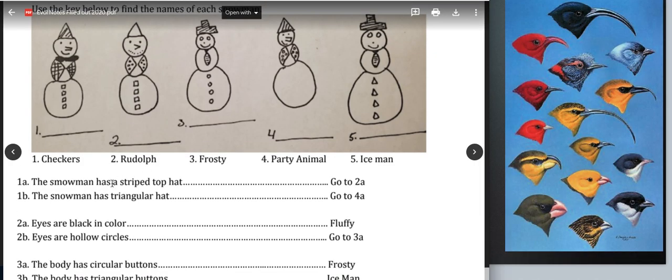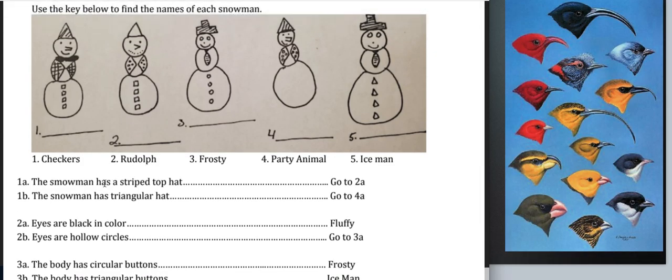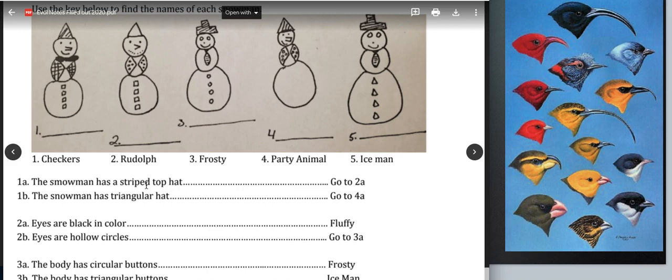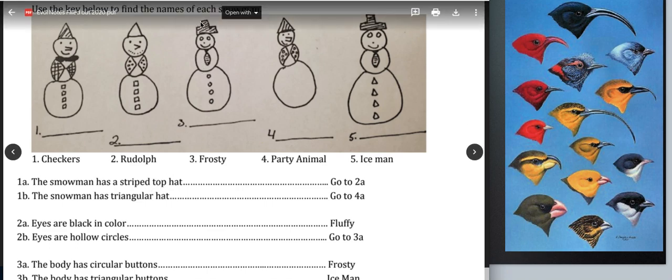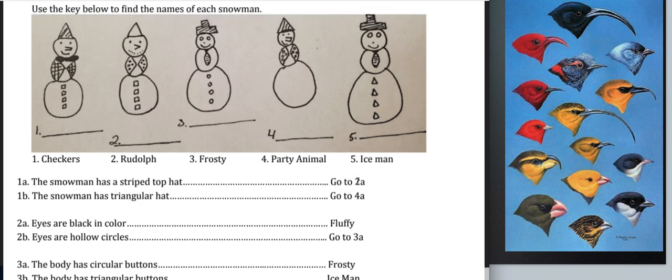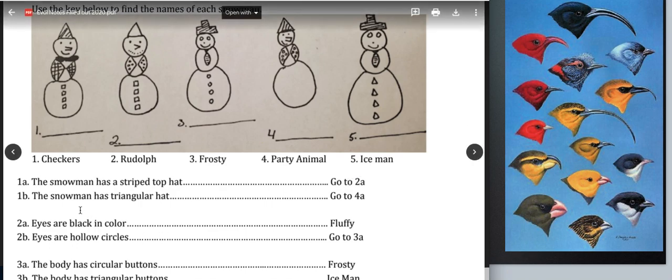Number 3, start back at question number 1 each time. Does this snowman have a striped top hat or a triangular hat? Well, that is definitely not a triangular hat. So this must be a striped top hat. So striped top hat, I'm going to do what the key tells me. Go to 2A. Are his eyes black in color, or does he have hollow circles?